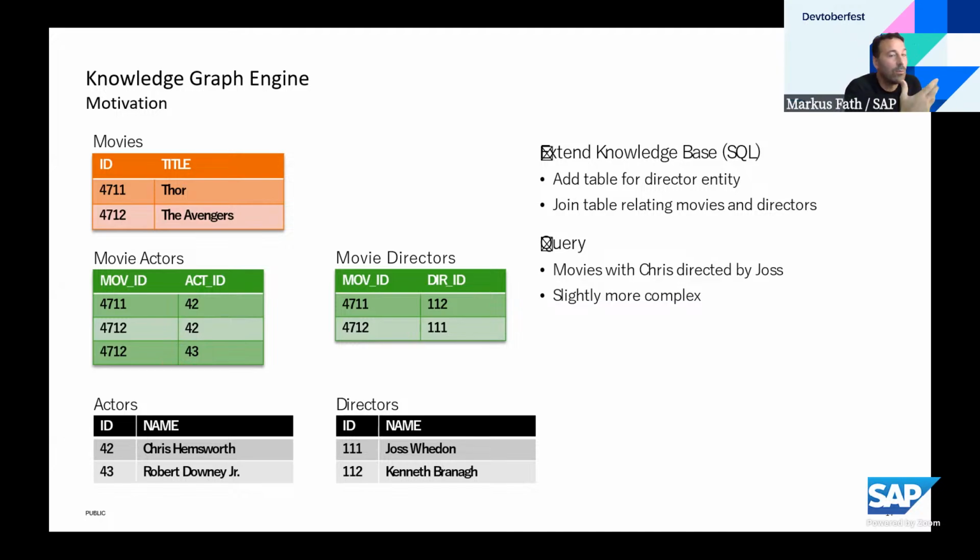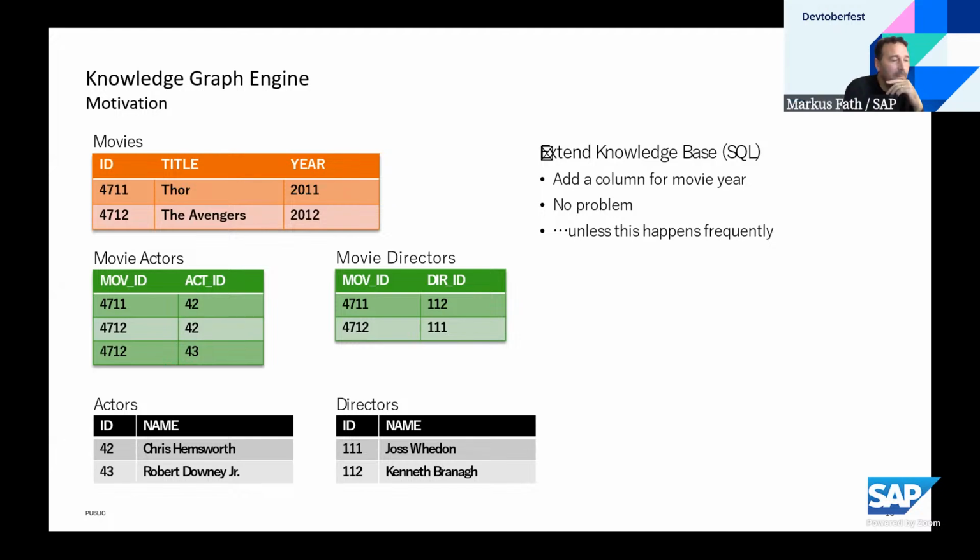Essentially, you would need to write 4 joins. That's still doable, but you get it. If your schema grows and you also include, for example, reviewers and reviews, queries can become more and more complex.